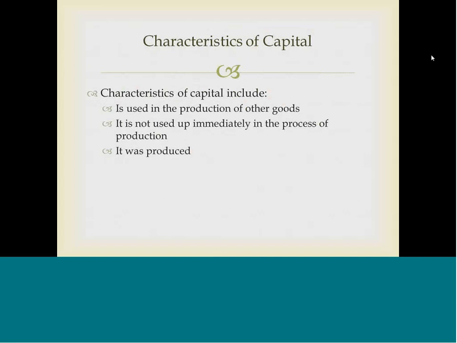The machinery that you use to make the bread would be considered capital. And this may seem like an odd characteristic, but it is something that has already been produced. So machinery has been built already. So it's already a formal product, or it's a good. And it's generally, as we said, a durable good in that it lasts many years.